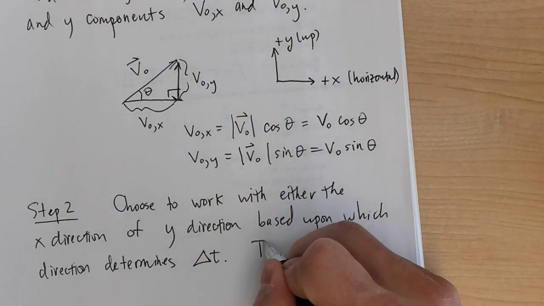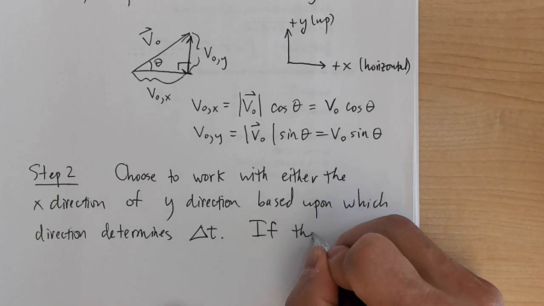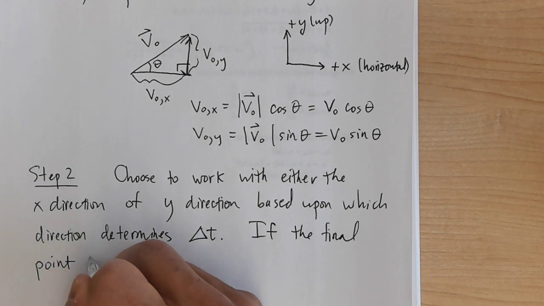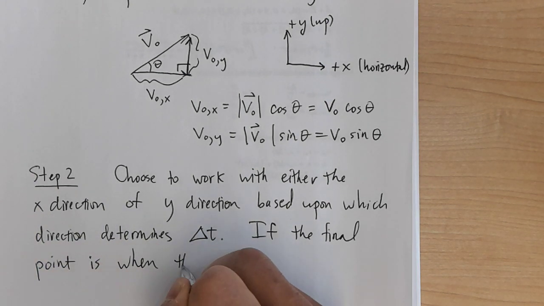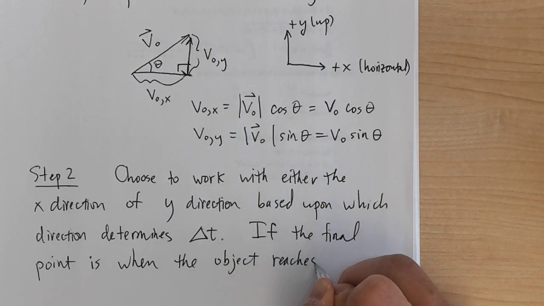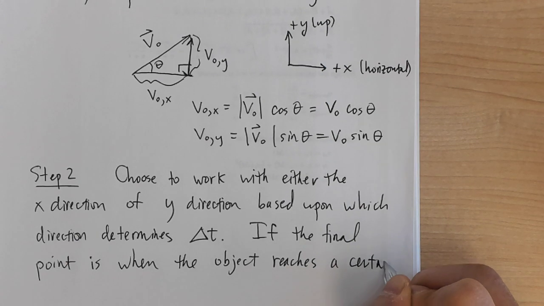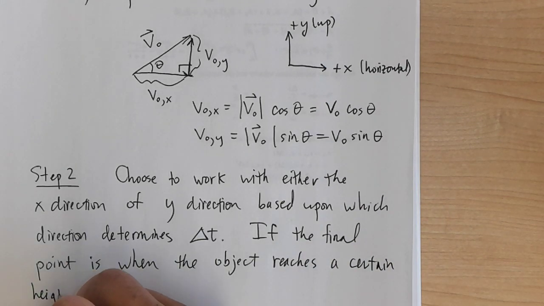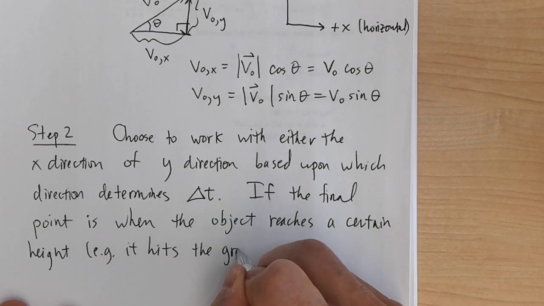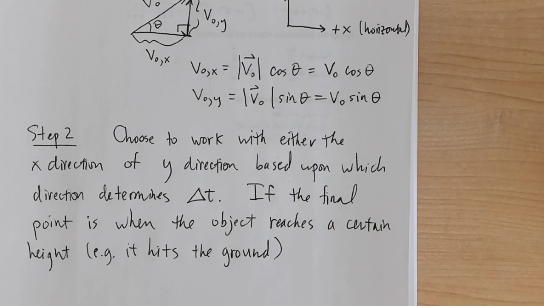Okay, so if the final point is when the object reaches a certain height, for example, it hits the ground, that's clearly a certain height, or another example would be when it reaches the top, where it's at its turning point for the y direction.